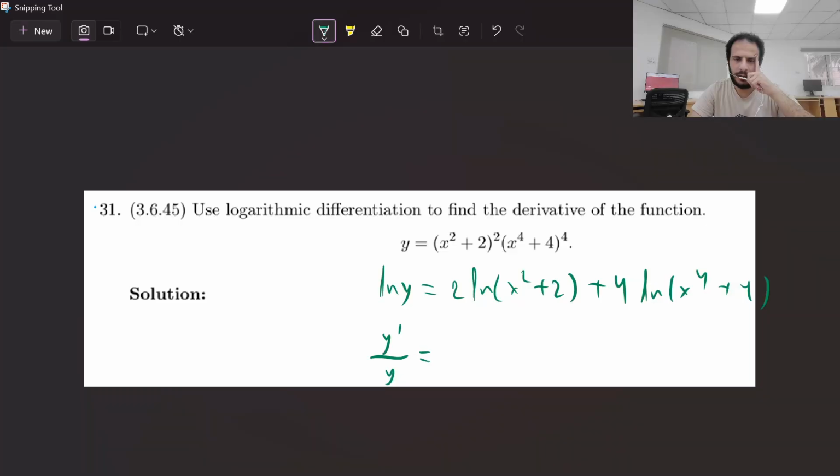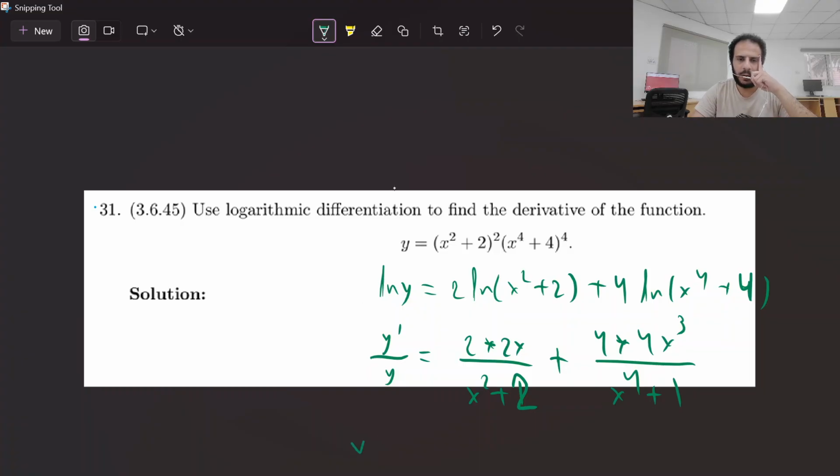Then this equals 2 times 2x over x squared plus 2, plus 4 times 4x cubed over x to the 4 plus 4, right? Yeah.